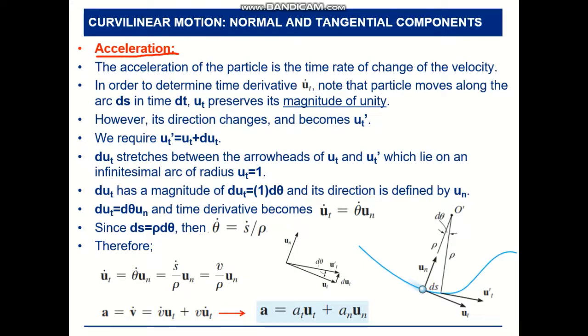We know that the unit vector ut has a magnitude of 1, so dut has a magnitude of 1 multiplied by d theta, because it is changing by theta.